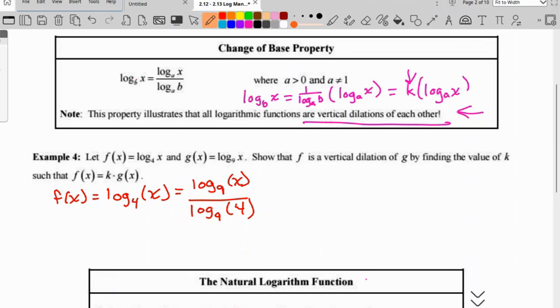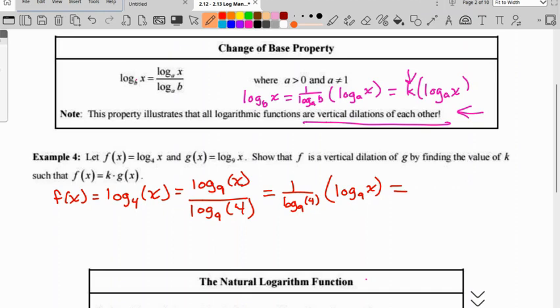So we just use change of base to get it to be base 9. And then we just bring that out front. So that's 1 over log base 9 of 4 times log base 9 of x.